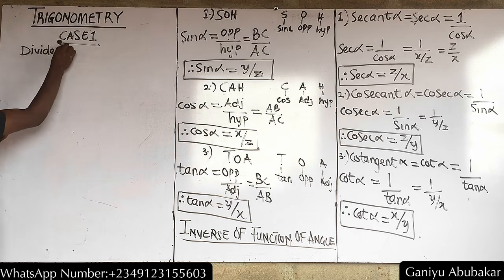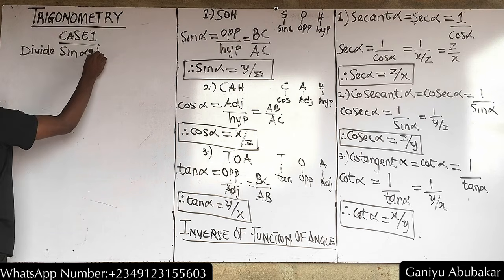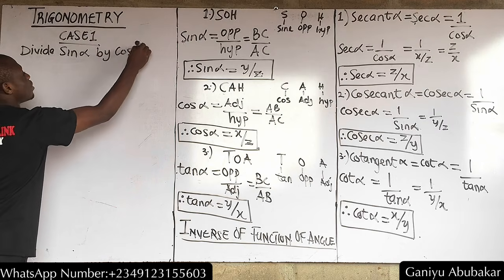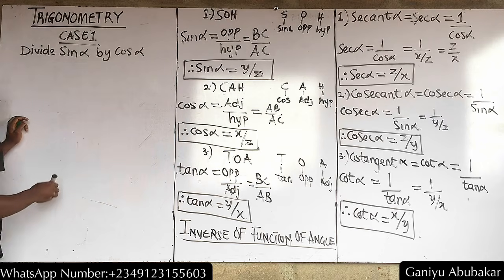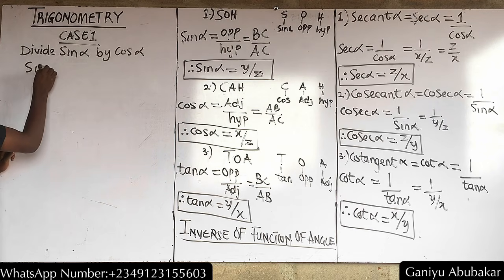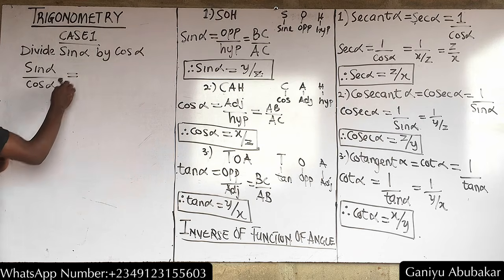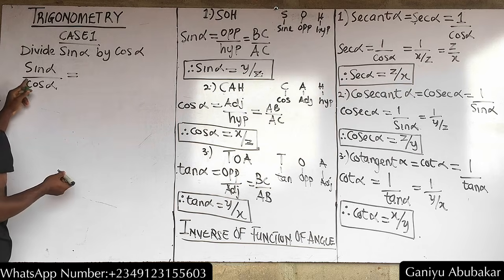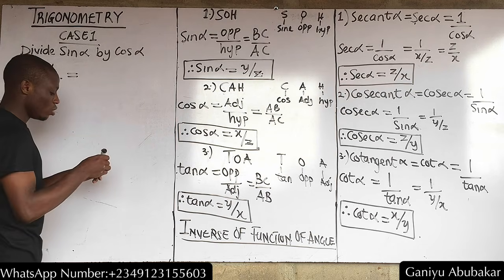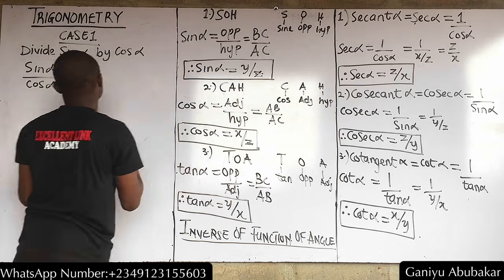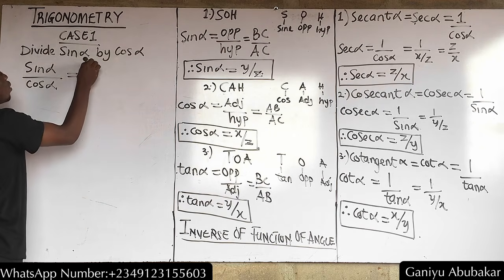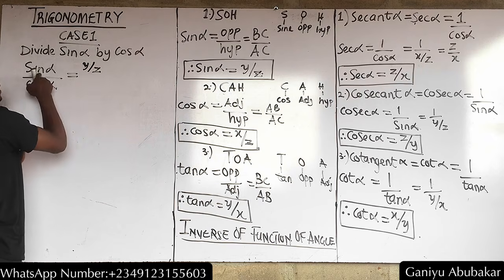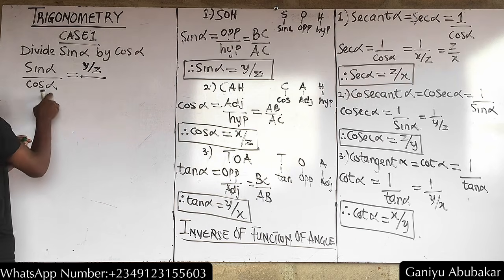divide sine alpha by cos alpha. So for case 1, I am dividing sine alpha by cos alpha. If I divide sine alpha by cos alpha, what do I get? So sine alpha is what? Sine alpha is y over z. So I have y all over z as sine alpha all over cos alpha.